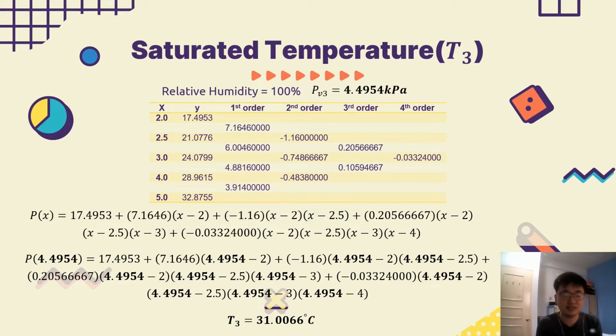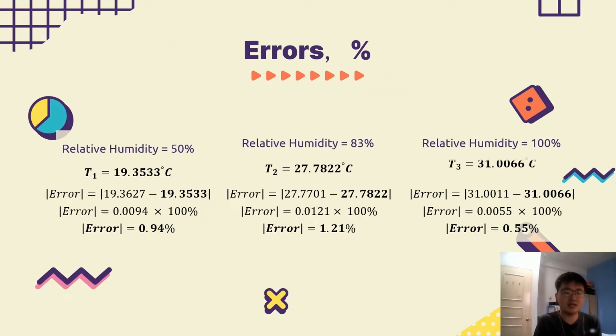So this is the formula. Then we calculate the saturated temperature when PV is equal to 4.4954, so we substitute 4.4954 into the x value. After calculating, we get T3 is equal to 31.0066 degrees Celsius.